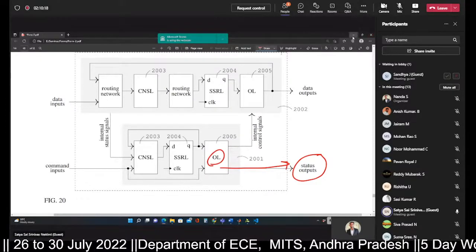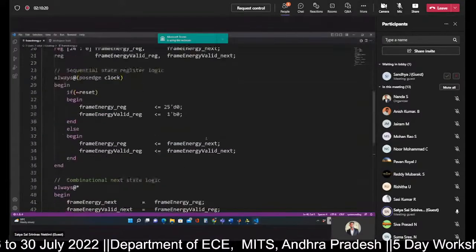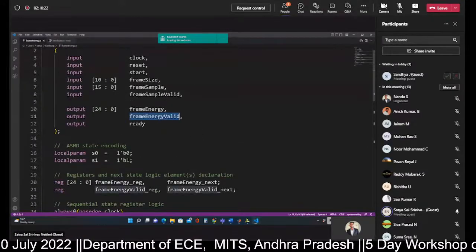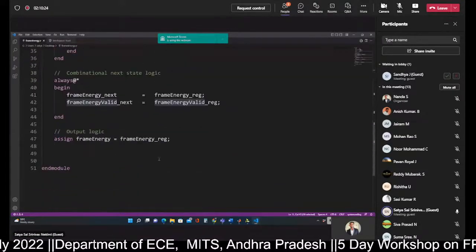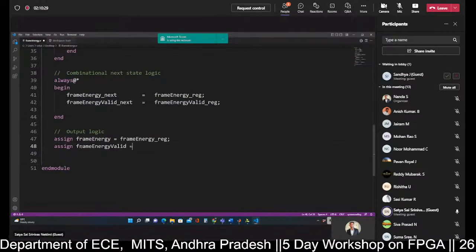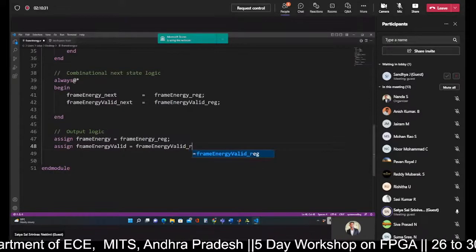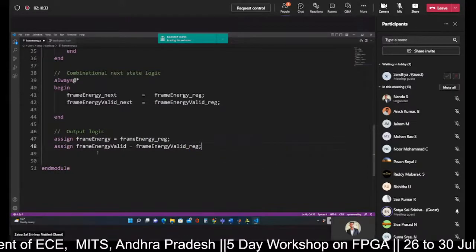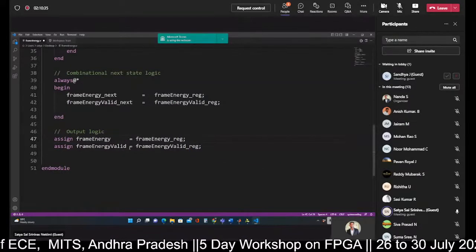So for that, our output is frame energy valid, right? So we are writing assign frame energy valid. We are driving it via a register, that is frame_energy_valid_reg.